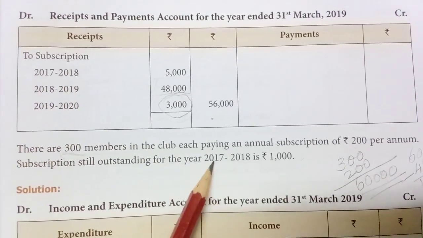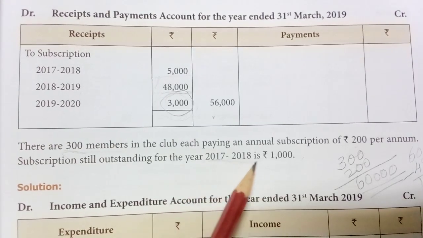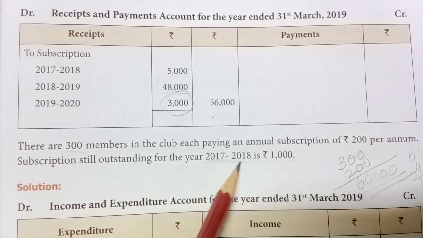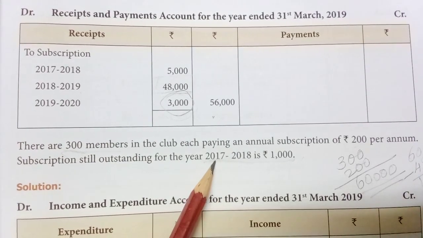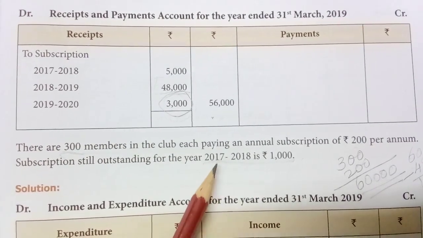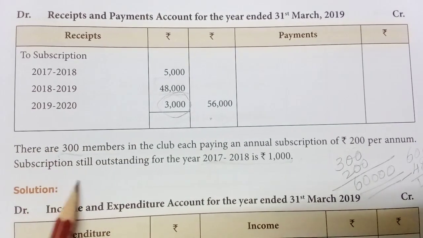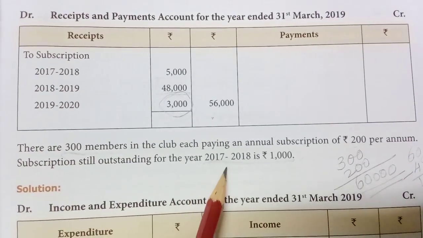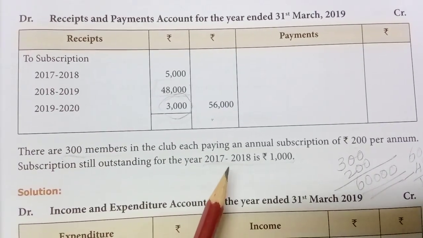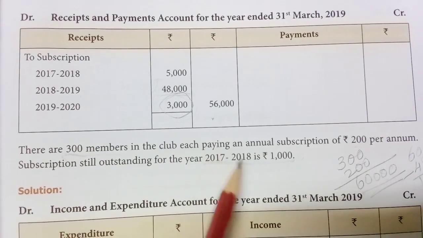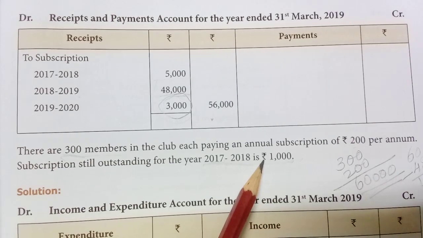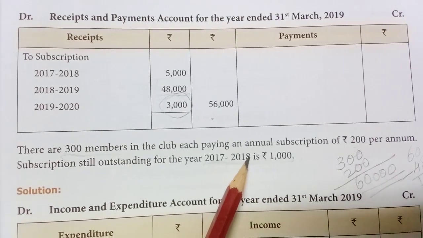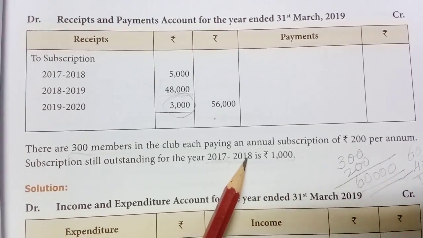This outstanding we should not write in the income and expenditure account because it is not related to the current year, it is related to the previous year. So that is still remaining. Some people did not pay the subscription, so this also should be shown on the asset side, including that 12,000 plus 1,000, 13,000 will come in the balance sheet. Okay, now I will write and show.